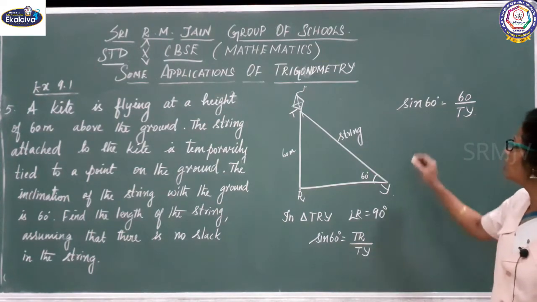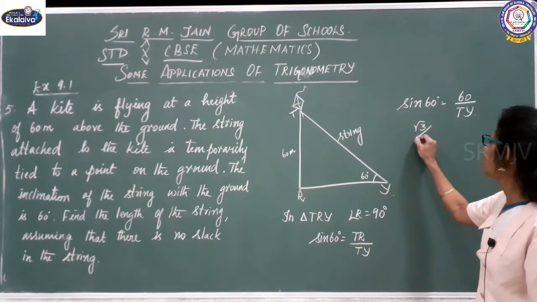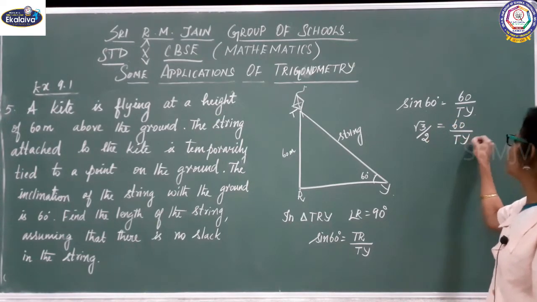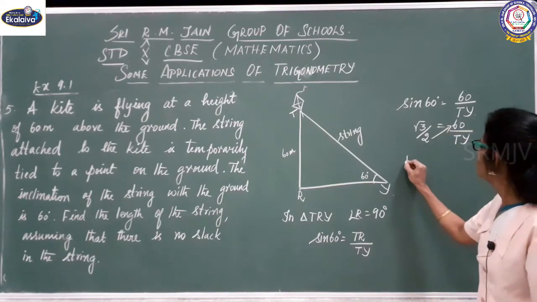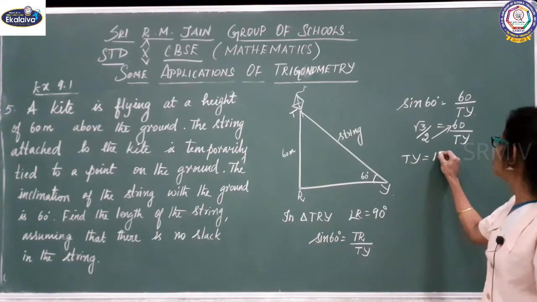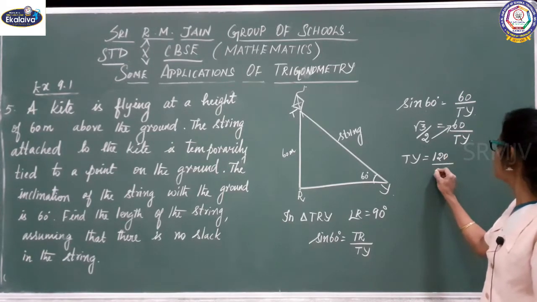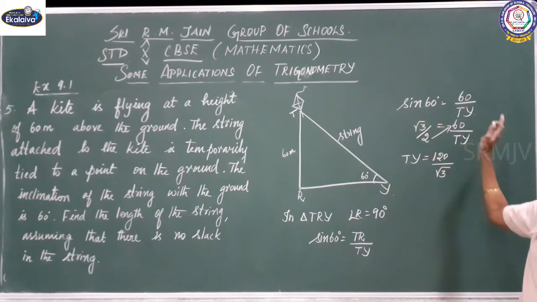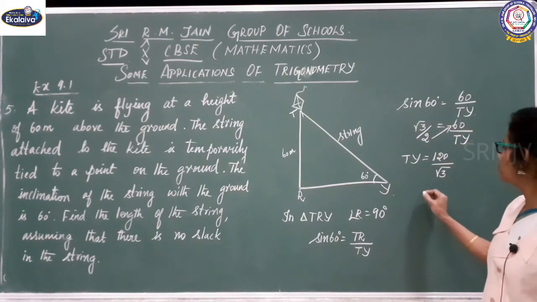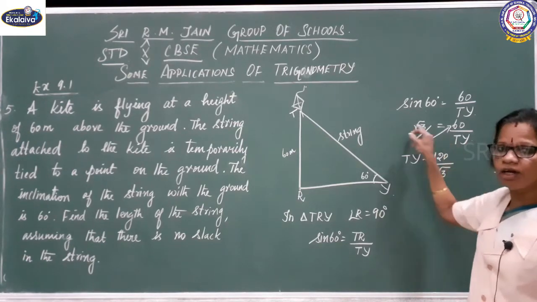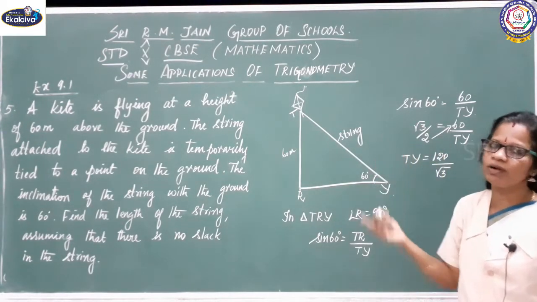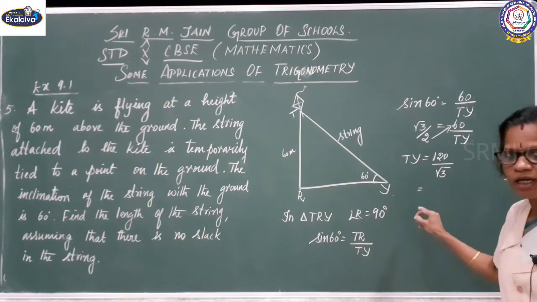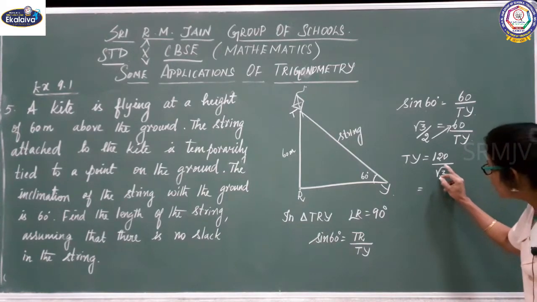What is sin 60 degree? Root 3 by 2 equal to 60 divided by TY. TY equal to 120 divided by root 3. It will act as a reciprocal when you shift to the opposite side. The TY it will come here. Here it is a denominator. When you shift to this side, it will act as a numerator. Again, if you want to rationalize the denominator, you have to multiply the irrational number.